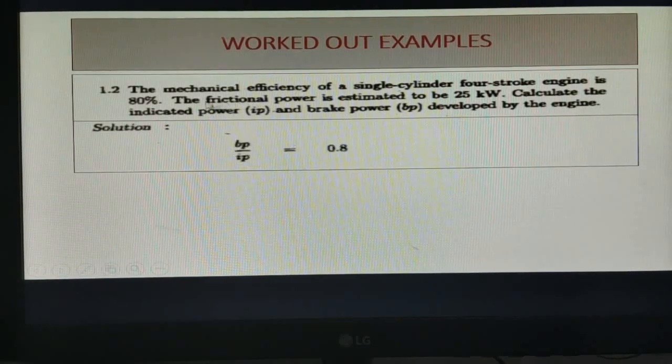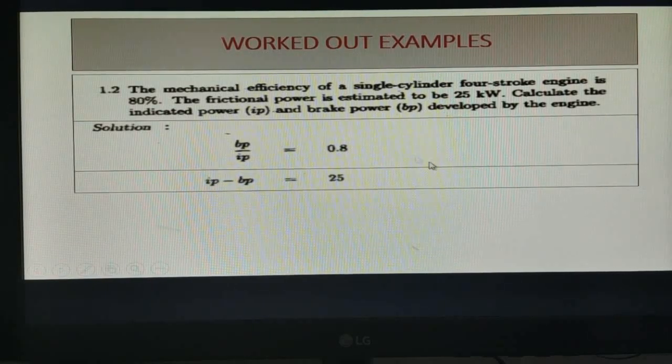Given is the mechanical efficiency. The mechanical efficiency is the ratio of brake power upon indicated power, so brake power upon indicated power is equal to 0.8. The second given data is the friction power. Friction power is the difference between indicated power and brake power, so indicated power minus brake power is equal to the friction power, which is 25 kilowatt. By using these two equations, we can find the indicated power and the brake power.